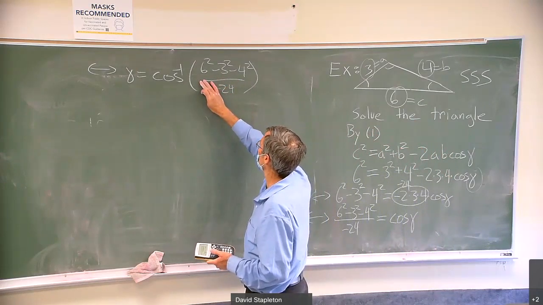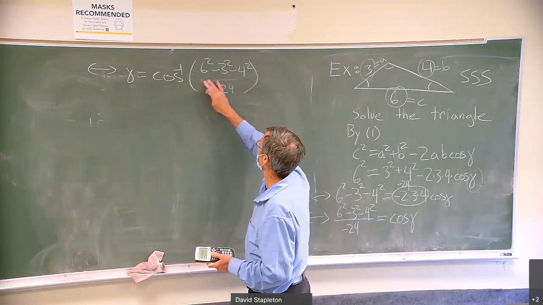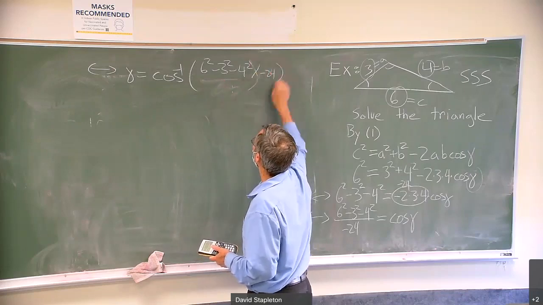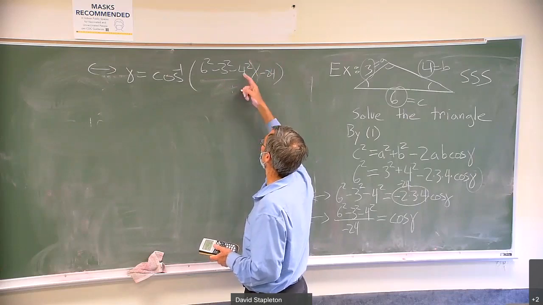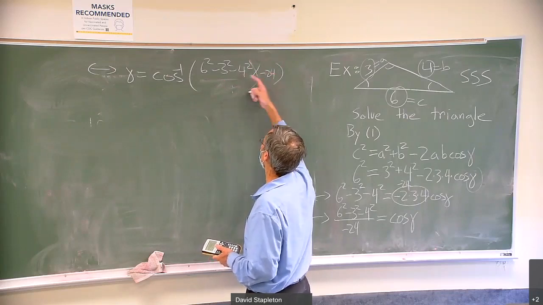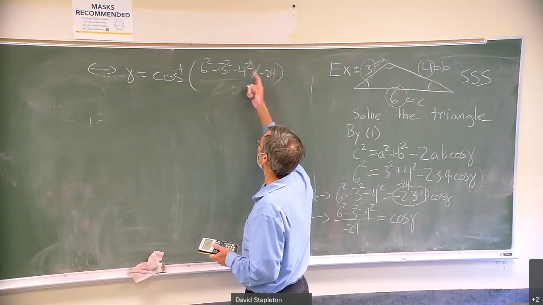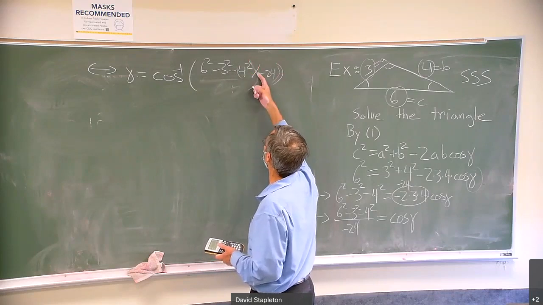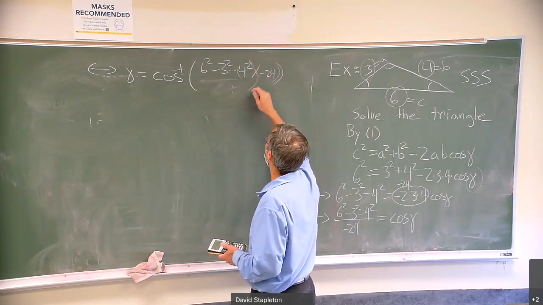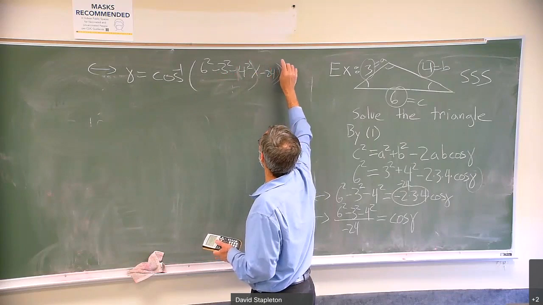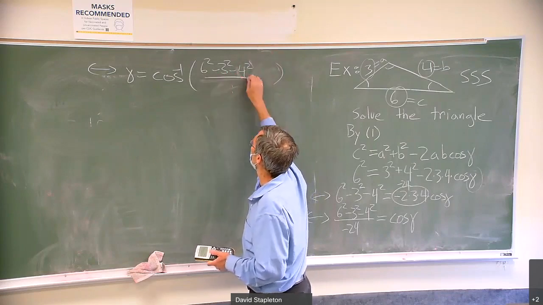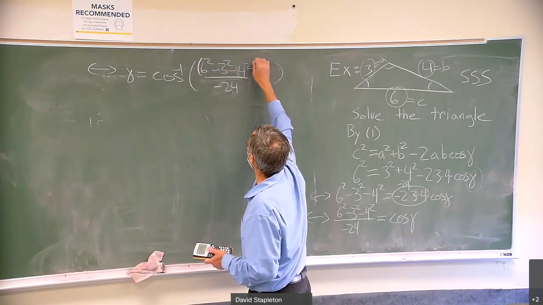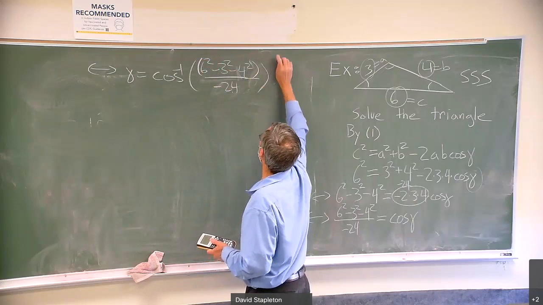If it doesn't show you this long bar, it might show something like this, divided by minus 24. This is wrong, because it will do the division first, 4 squared divided by negative 24, and then do the subtractions. So if your calculator is an old clunky one not showing the long bar, you need to put parentheses around these. Just on the calculator, not on the board.